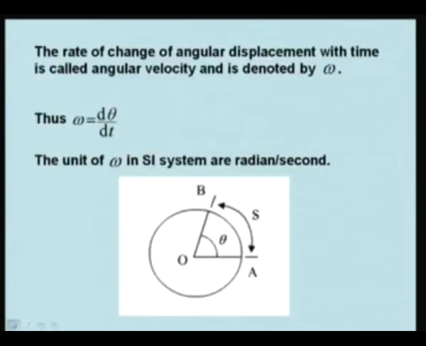The angular velocity will have the same direction, that means clockwise angular velocity will be in minus k direction, anti-clockwise velocity will be in the plus k direction. Since all the bodies moving in a particular plane will have the velocity either in plus k direction or in minus k direction, angular velocity will be like that.